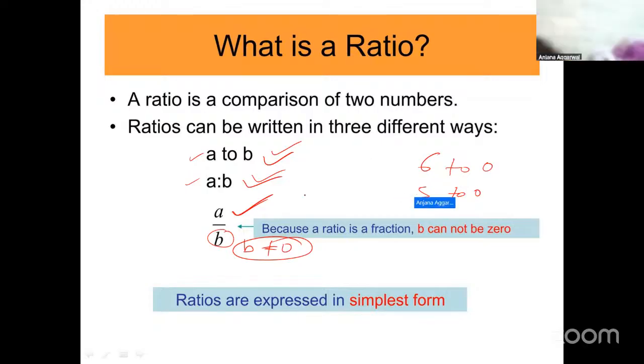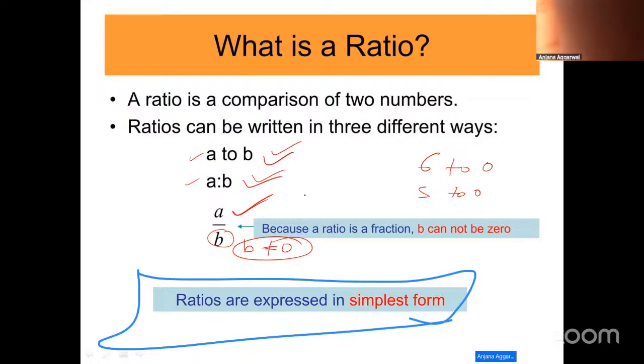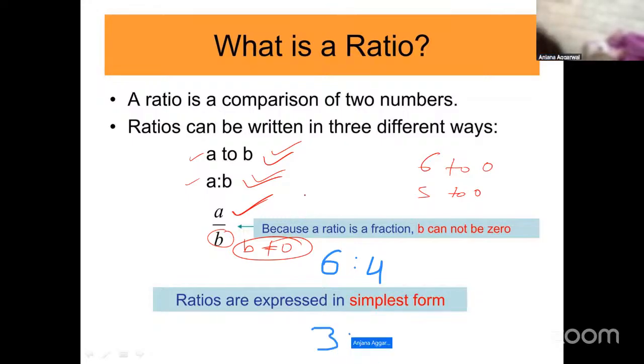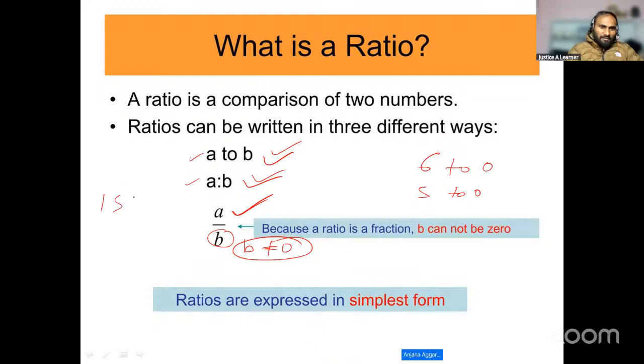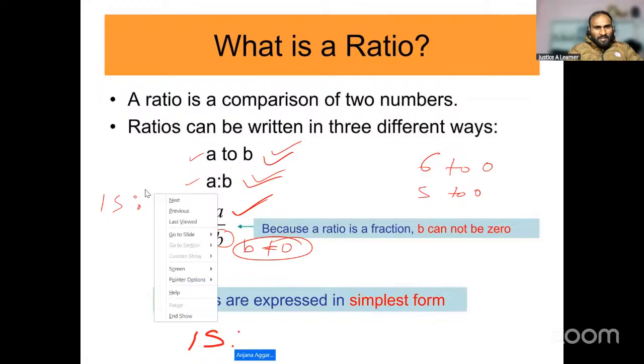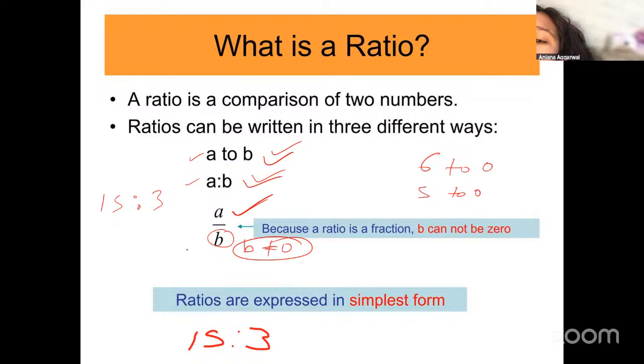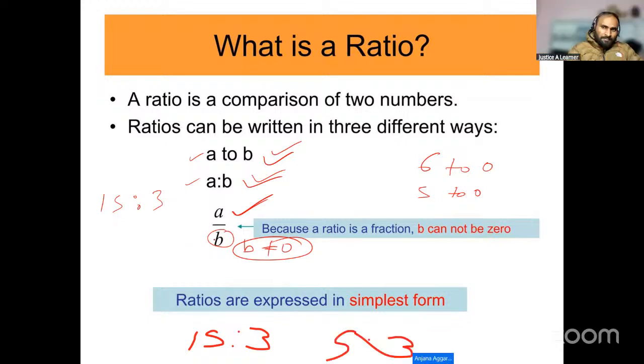What this line means is if your answer is 6 ratio 4, then you have to give the answer as 3 ratio 2. Very good. Same if I ask you 15 ratio 3, what would be the answer? The answer would be 5 to 1. Good job.